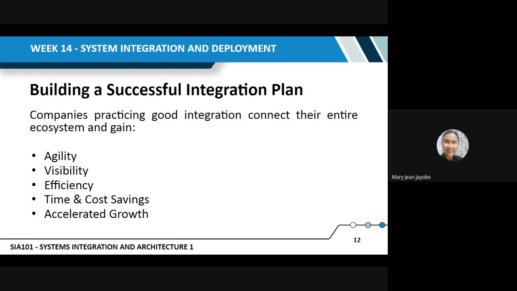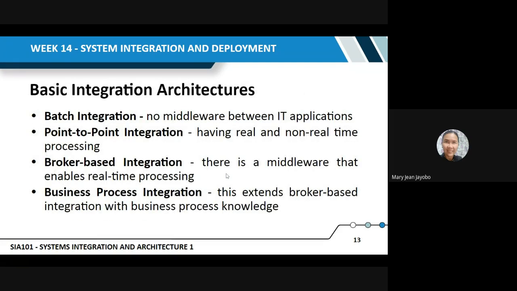Okay. Now, another one, we have what we call the basic integration architectures. Okay, so according to Lam and Shankararaman, so medyo na ano tayo dito. So there are 4 basic integration architectures. The first one is batch integration, no middleware between IT applications.